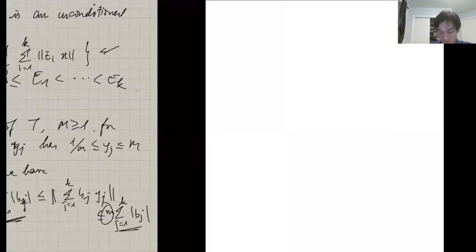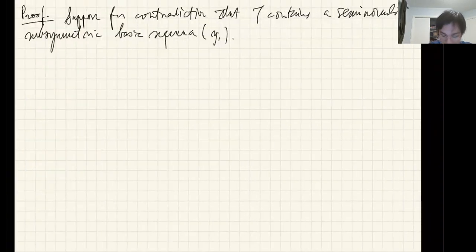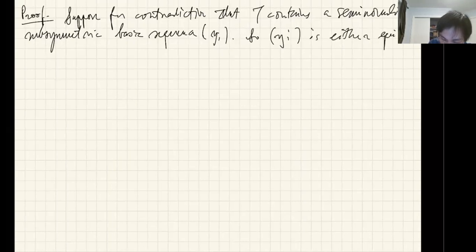Okay, so let's go back to what we were. So yi is either equivalent to the unit vector basis of L1 or weakly null.